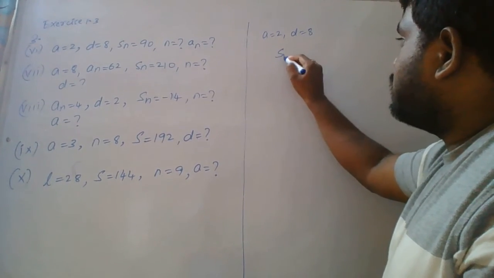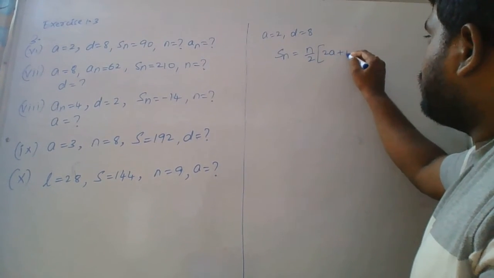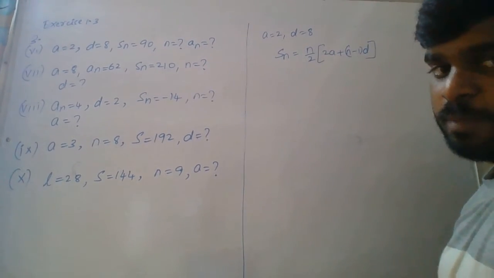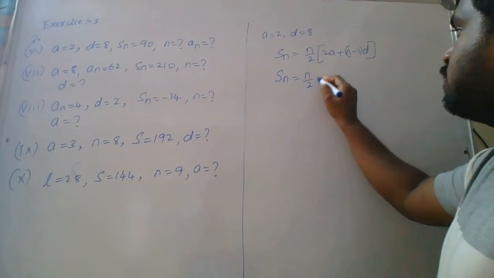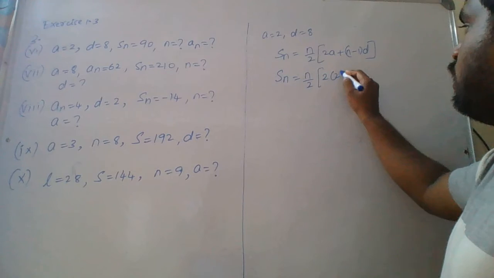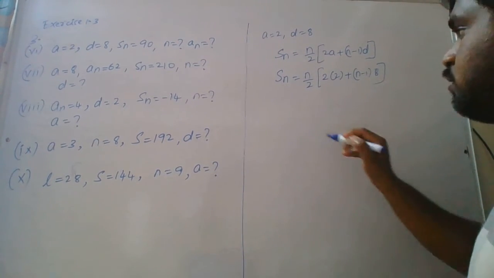Okay, let's write the Sn formula. Sn is n by 2 into 2a plus n minus 1 into d. Okay, so what is n? We don't know. So let's keep it as it is. But we know the value of a. So 2 into 2 plus n minus 1. d is 8.